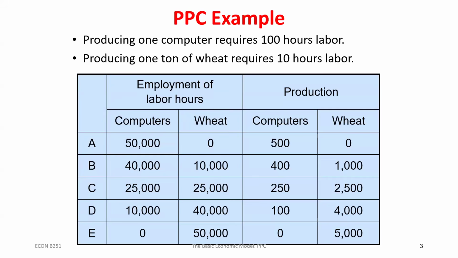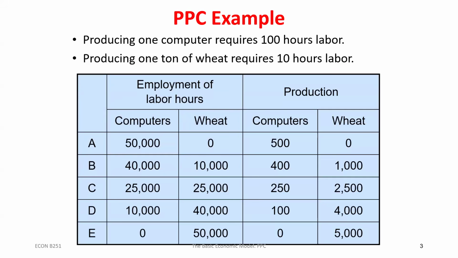Okay. Now, what about a point like, let's say I'm down here, point C? What would be true at point C? Well, I could be producing 2,500 tons of wheat and 250 computers, but I'm only producing 2,500 units of wheat and 100 computers. So what must be true? I'm not using all of my labor hours or all of my resources.